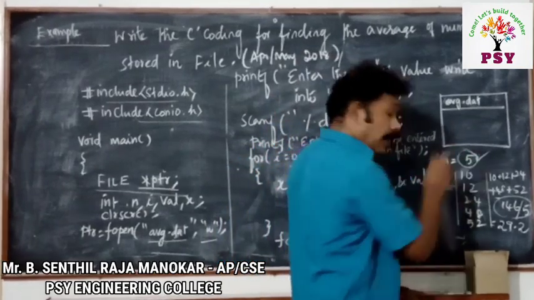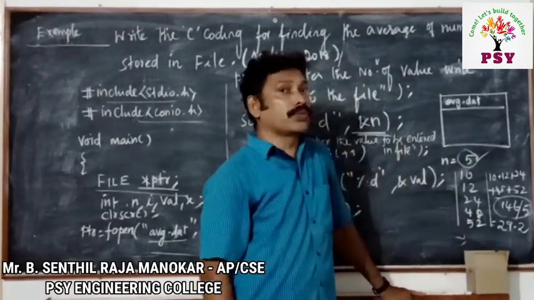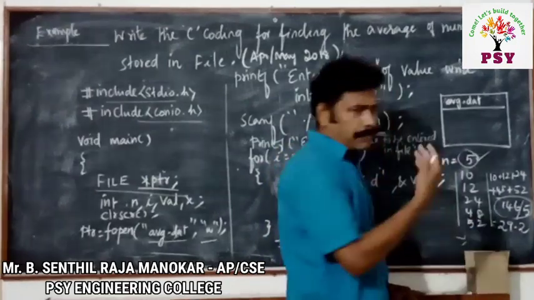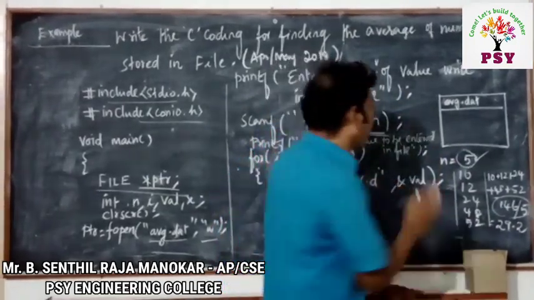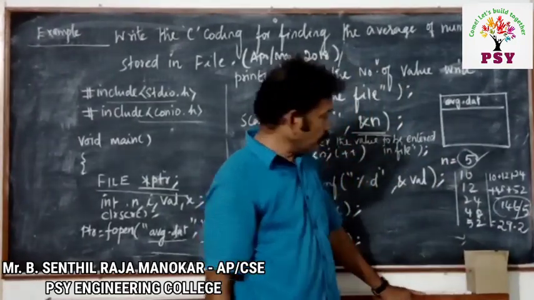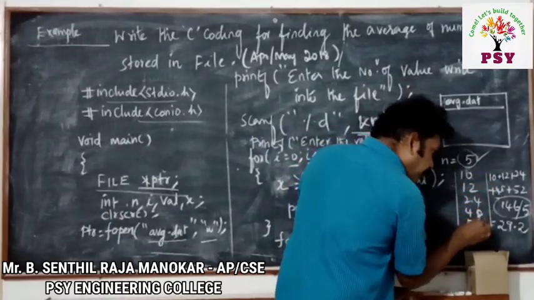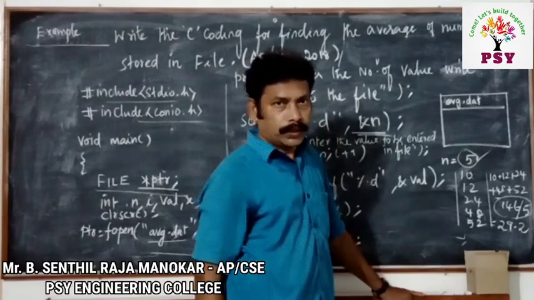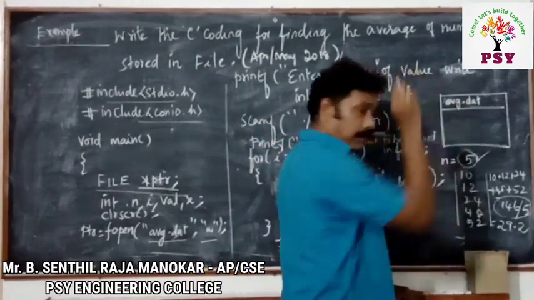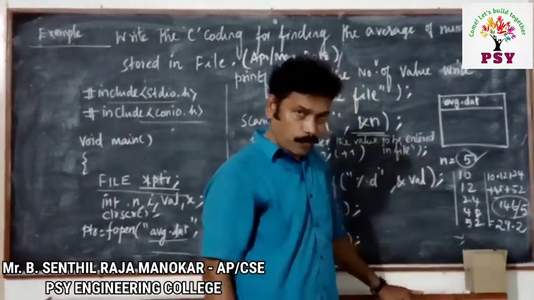It may be any number, but I chose 5 numbers. Those 5 numbers are 10, 12, 24, 48, 52. That has to be entered into that file through the coding.